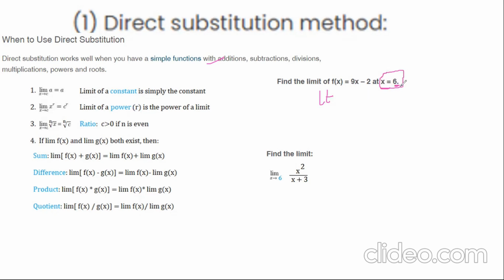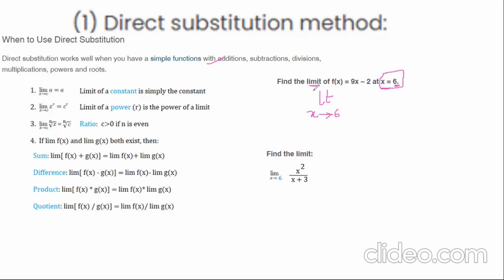That means as x is approaching 6, but in problems generally we take 6 directly because they only said find the limit. So directly we are taking that the limit exists, and x is directly approaching 6.